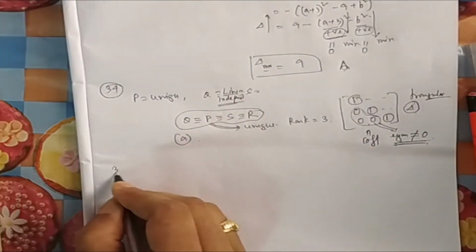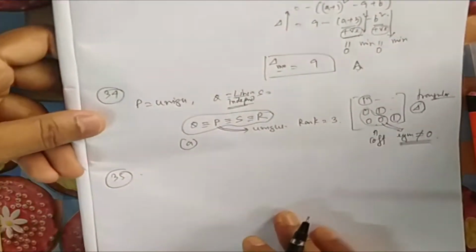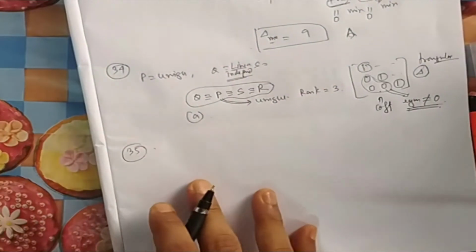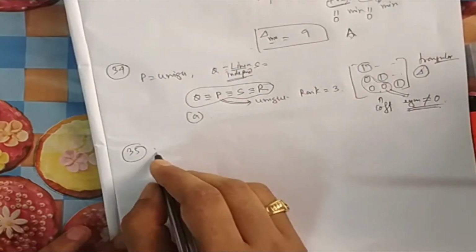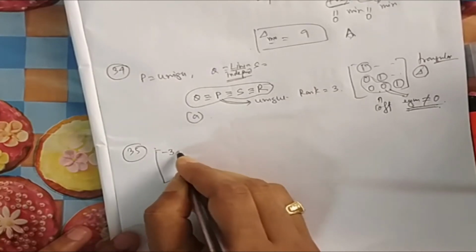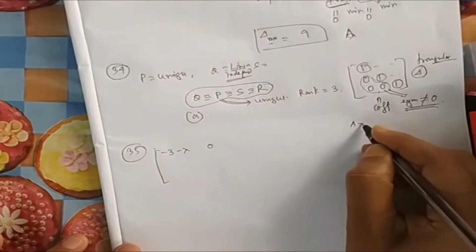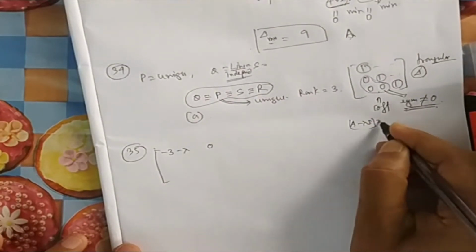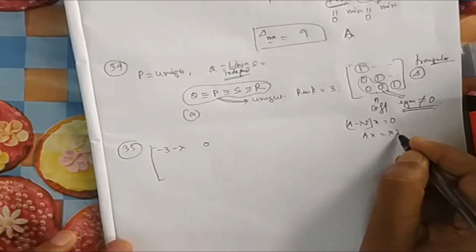Now if I go for 35: what is the maximum value of A such that this has linearly independent eigenvectors? For linearly independent eigenvectors, let me write it. For the eigenvector, (A minus lambda I) x equals 0, or Ax equals lambda x, the original equation.